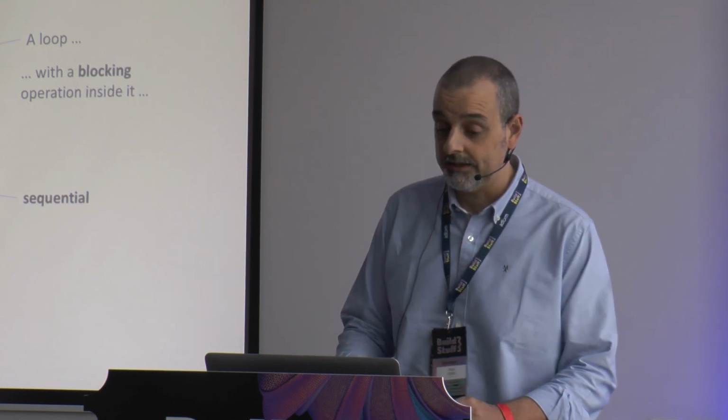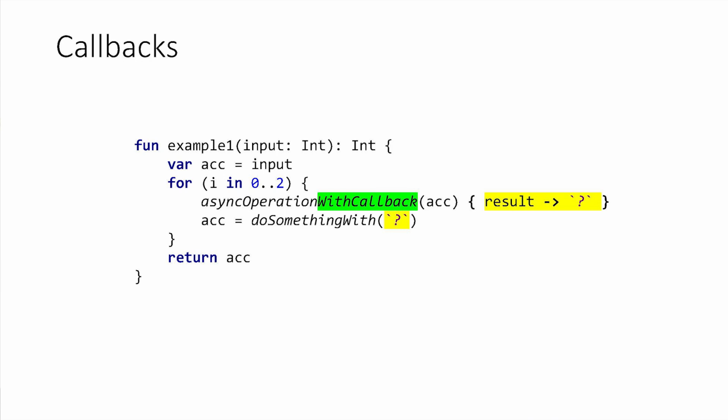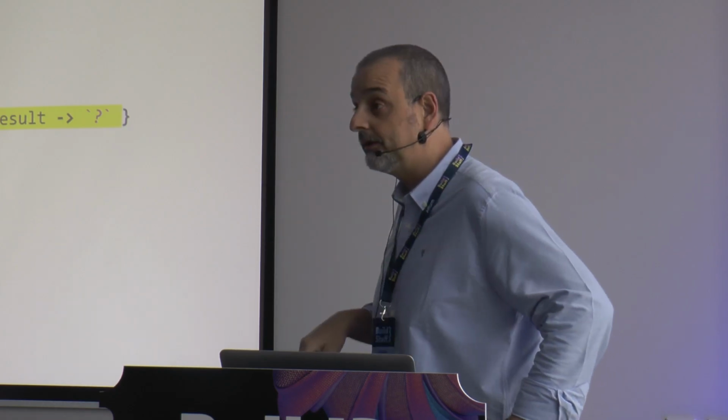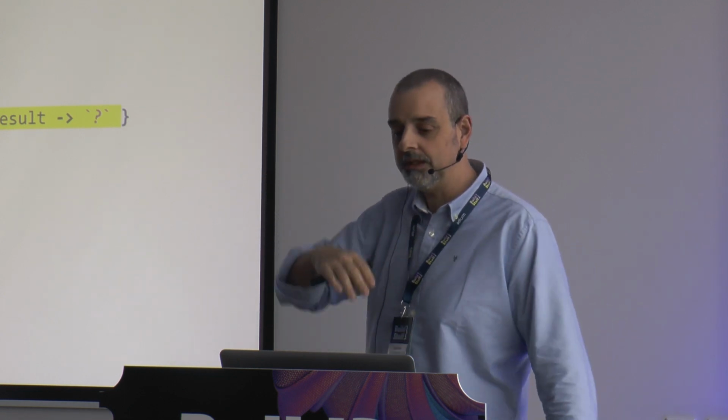So I can try to use a callback. So assuming that I have, instead of a blocking operation, an async operation with callback, I could try to use the callback. The problem is that the result will be available on the callback, and I want the result to be used on the do something with. So I have the value on one place, but I need to use it on another place.